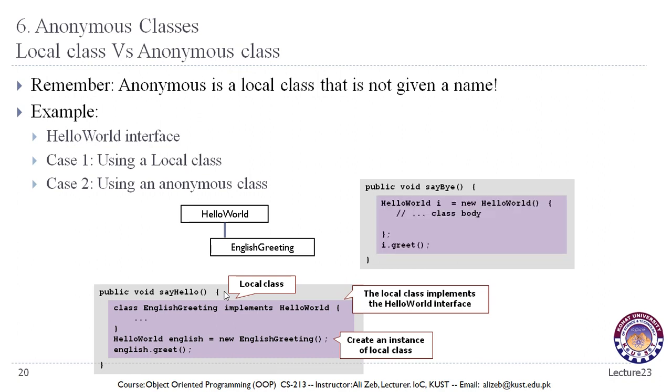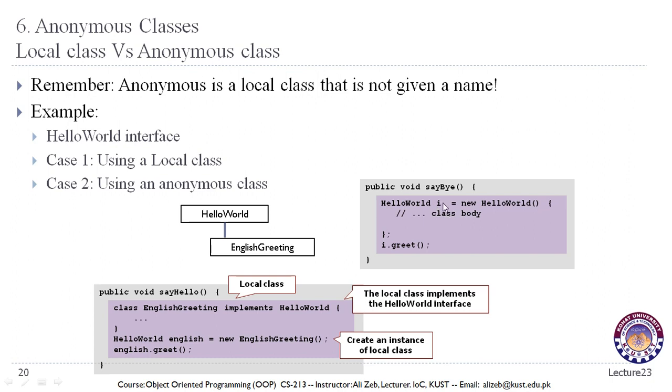Now if we look at the anonymous class, this is how an anonymous class will work. This is our interface, and we are creating an anonymous class, and this is the body of the class, but there is no name for the class we are creating as an object.